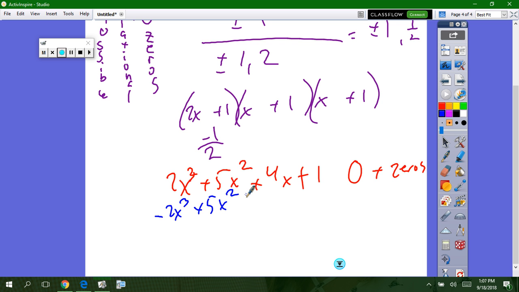Is he going to change? Because he's an odd power. Is he going to change? Okay, so how many sign changes are there? 1, 2, 3. So what's my possibility? 3 or 1 negative zeros.